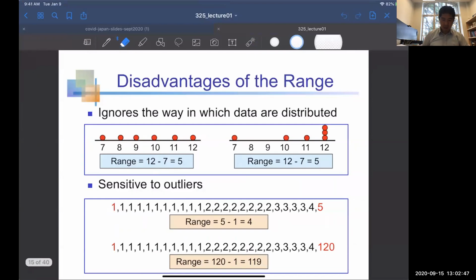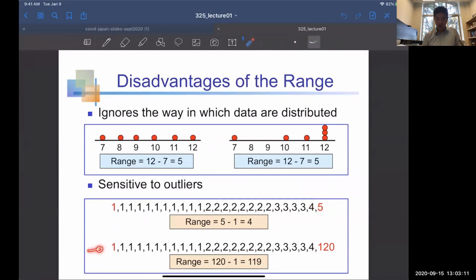Okay, so the disadvantage is going to be again about the sensitivity to the outlier. Okay, so in this example, also just look at down there. Okay. So this is a data set about, I don't know what the value is, but 1, 2, 2, 2, 3, 4, 5. Maximum value is 5, so that's a data set 1.